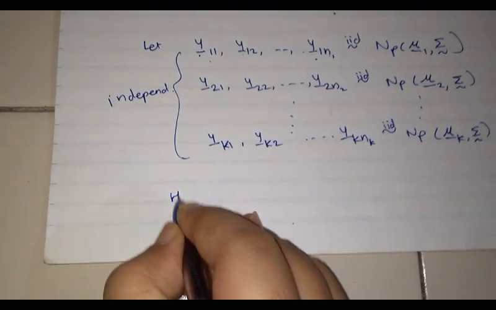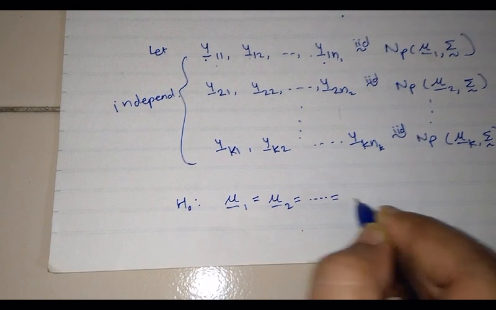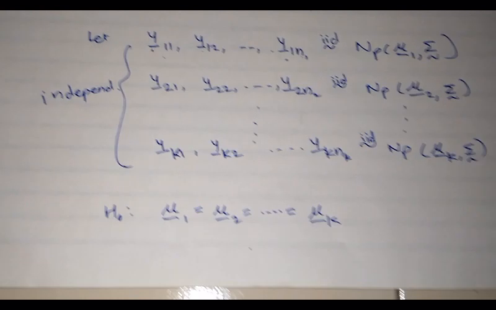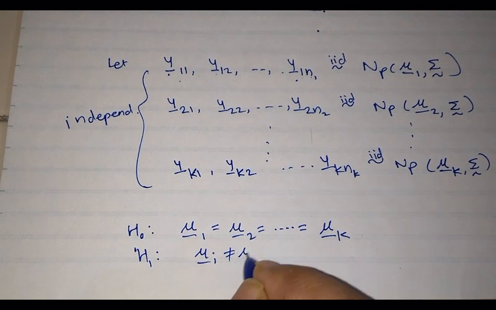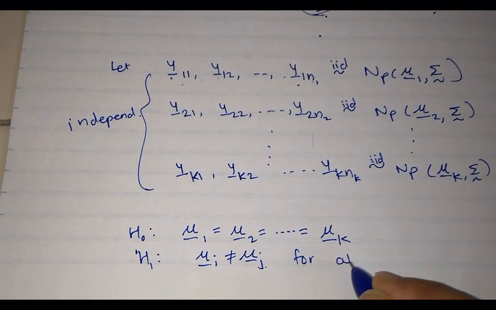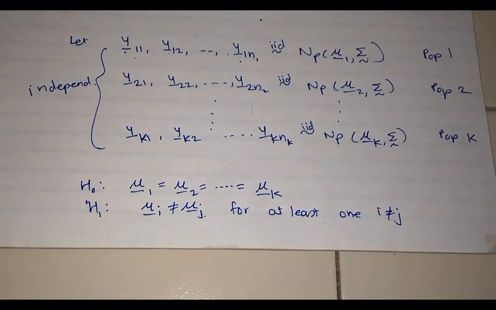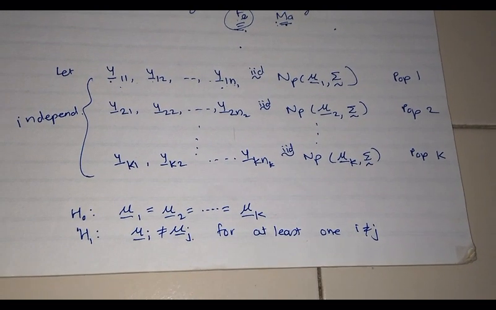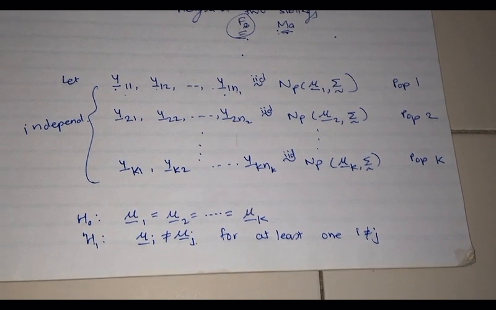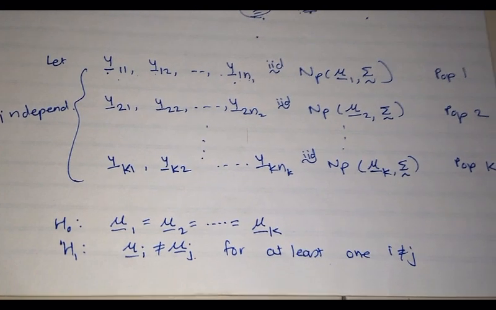In this setup, my null hypothesis becomes mu1 equal to mu2 equal to mu k, that is, all my mean vectors are the same, and my alternative hypothesis becomes mu i is not equal to mu j for at least one i not equal to j. So at least one population should have a different mean vector. That is my alternative hypothesis. So I want to develop a test procedure to examine this null hypothesis.